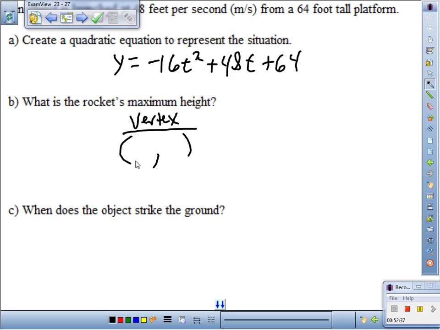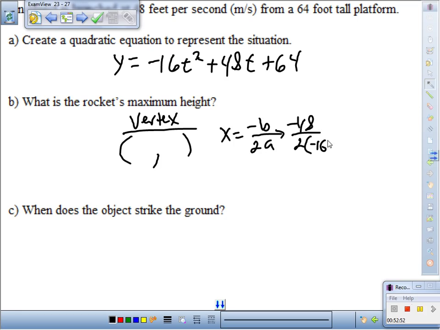How do we find the x value? X equals minus b over 2a. What is b? 48. What is a? Negative 16. Negative 48 over negative 32. Can we simplify this?